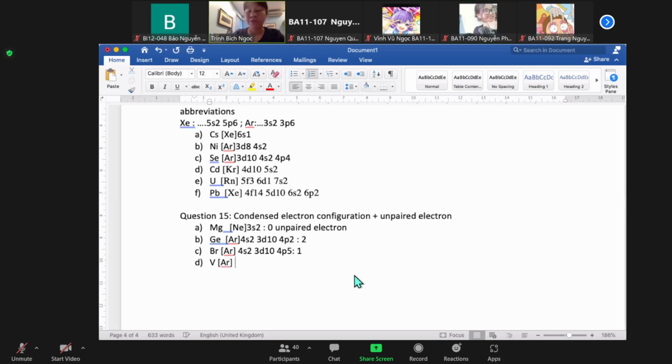And you need to fill how many more electrons? 4s2 and 3d3. 3d3. Okay, so how many unpaired electrons? 3 unpaired. 3 unpaired electrons. Okay.